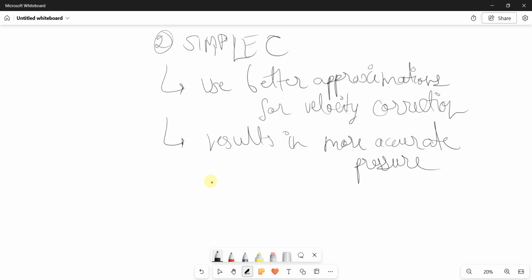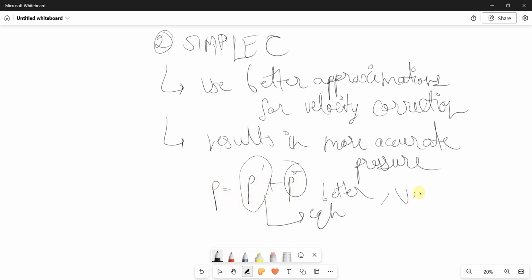So what does this mean? There was this equation, right, which I had told you, that is P is equal to P dash plus P star. P star is the assumed pressure that we did initially, and P dash is the correction term. So in SIMPLE-C, you use a better equation for this correction term. Hence, you get a better value for pressure.